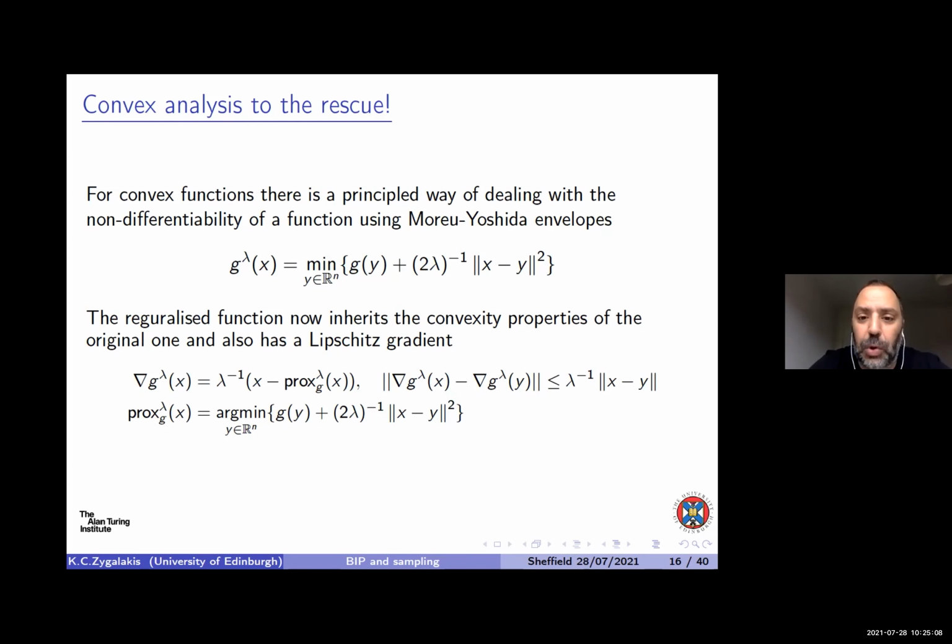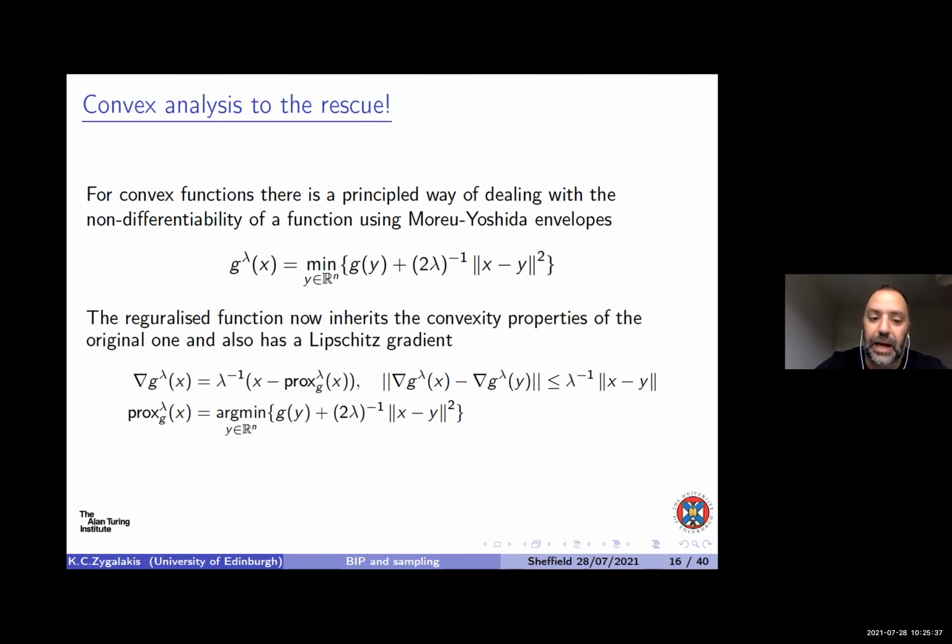It's what people call the Moreau-Yoshida envelope. If you have a function g that is not differentiable, and you consider this function g lambda of x given as the solution of this minimization problem, what you can prove, and that's going to be important in terms of designing algorithms, is that g lambda inherits the convexity properties of the original one, but it's also differentiable with a Lipschitz gradient.